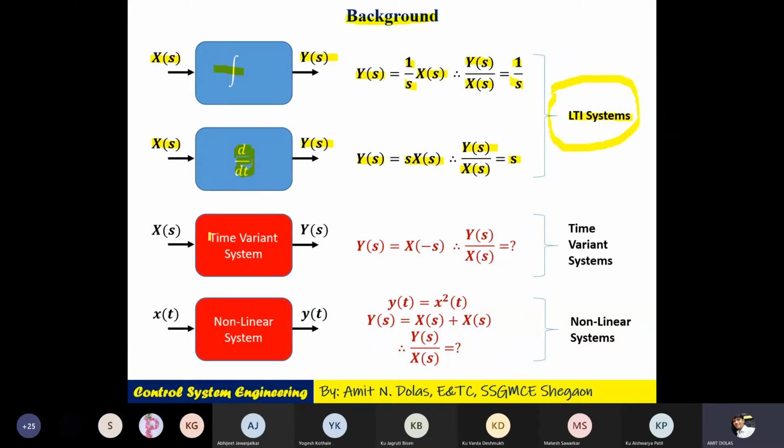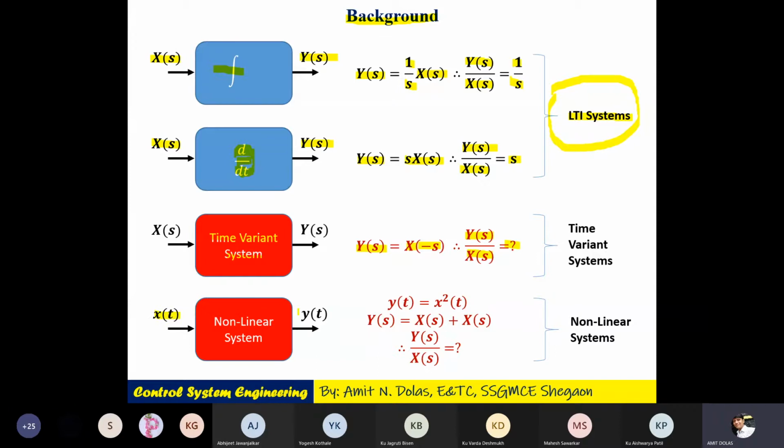But what if I have a time variant system like this? Then the system may be y of s is equal to x of minus s, and if you want to find out y of s upon x of s, it is not possible.